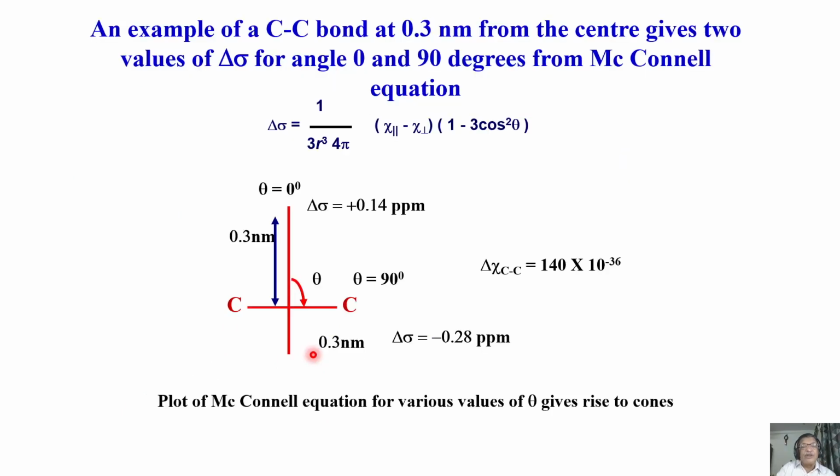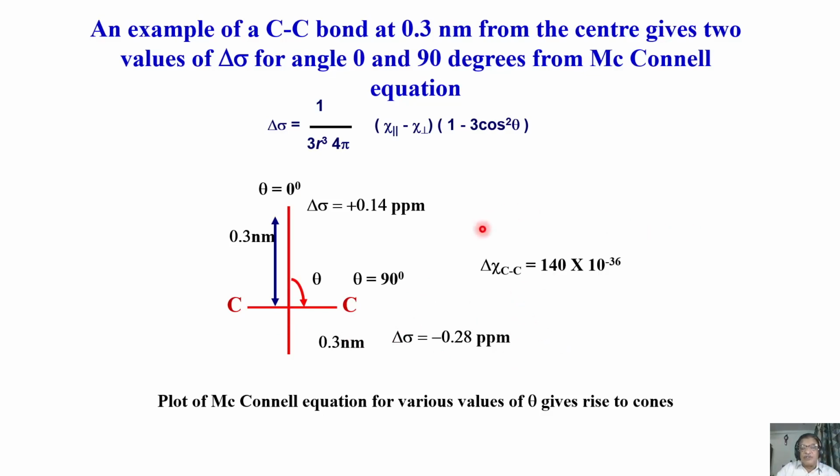Now, a simple example for a CC bond. If you are sitting, let us say, exactly above the CC bond at the center, 0.3 nanometer away at theta equal to 0 degree, then delta sigma turns out to be 0.14 ppm. Whereas if you go along this CC bond, when theta is equal to 90 degree, same 0.3 nanometer distance, delta sigma becomes minus 0.28.